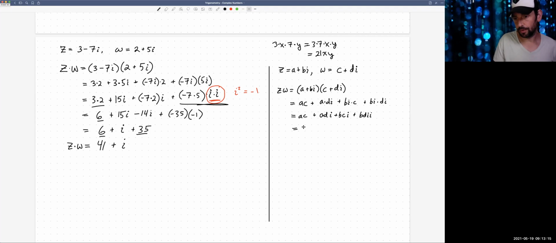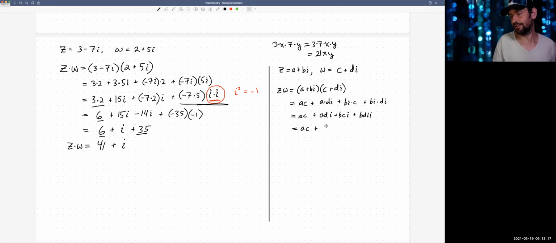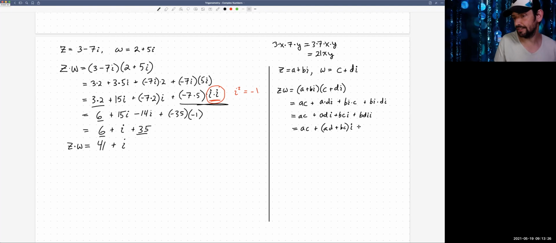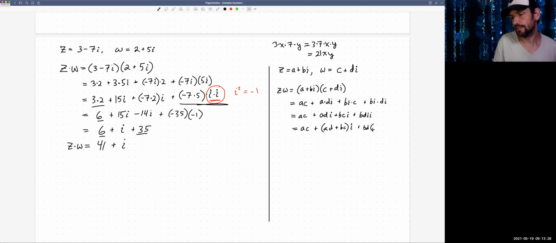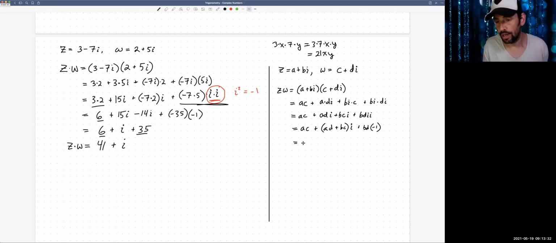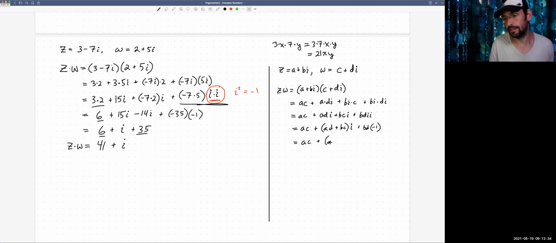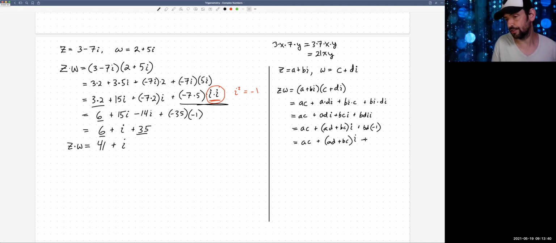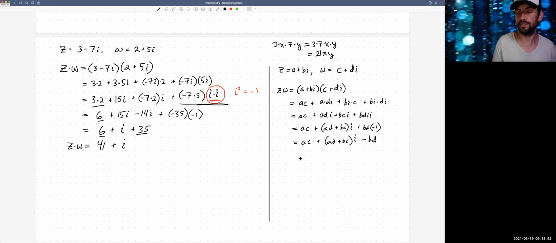Well, what do we get? We get ac. Here the i can be factored out, so we have ad plus bc times i. Here we have that i squared at the end, so we get bd times negative 1. Instead of bd times negative 1, let's just take minus bd.